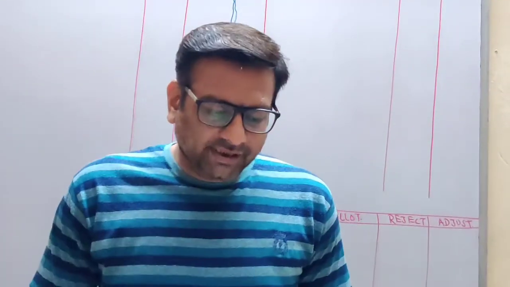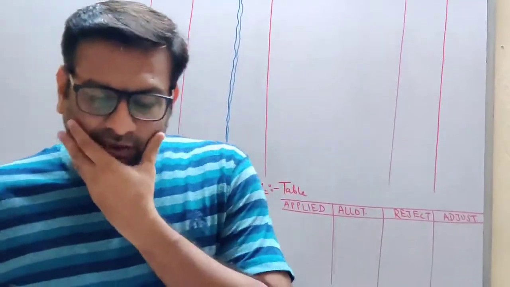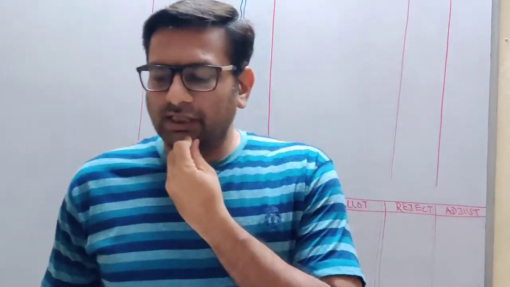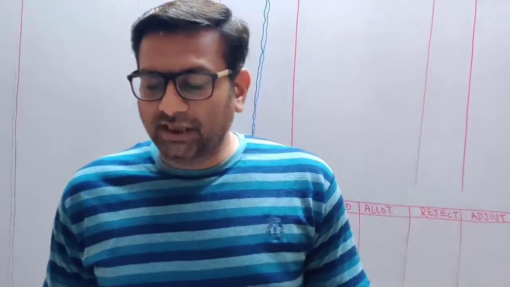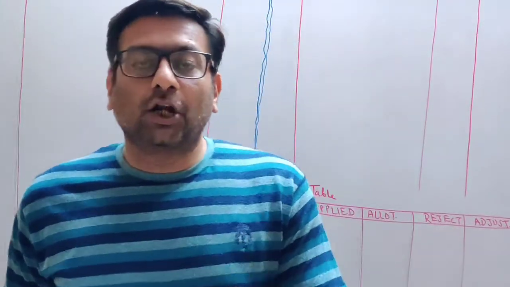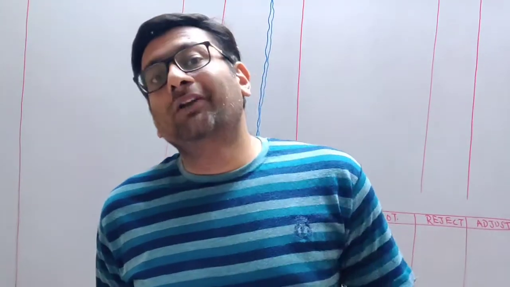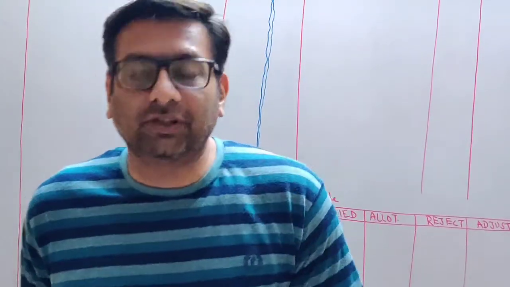Now the question says HT Limited issued 15,000 equity shares. So how many shares are offered by the company? 15,000 shares. As I said, the allotment which a company can do is always equal to the offer.